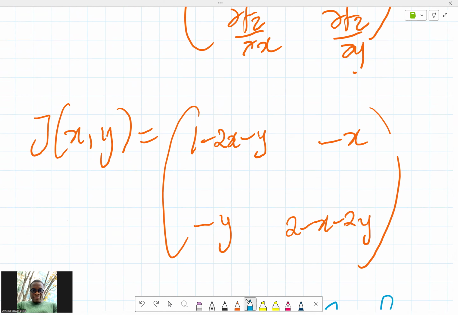So minus 1, 0. And then here, Y is 2, right? So minus 2. And here, X is 0, Y is 2. So that's 2 minus 4, which is minus 2. So that's minus 1, 0, minus 2, 2.